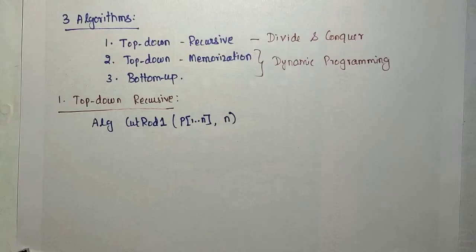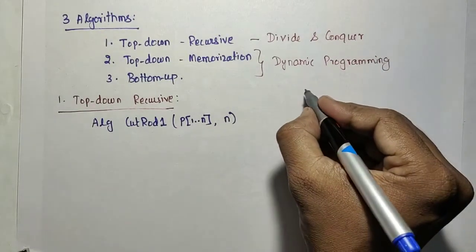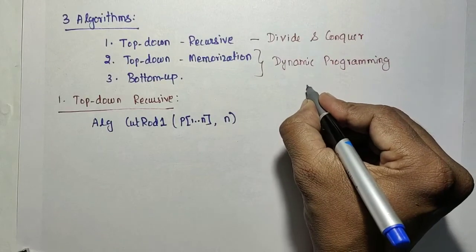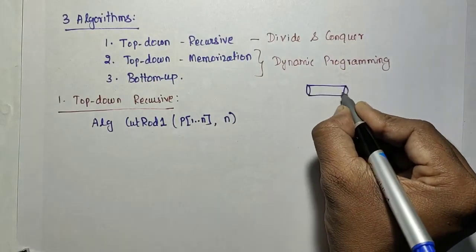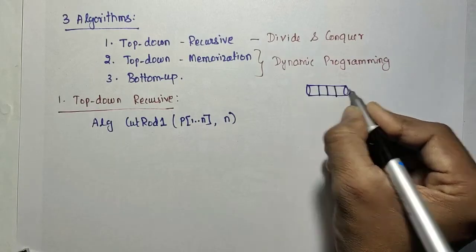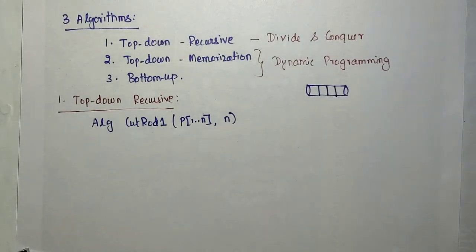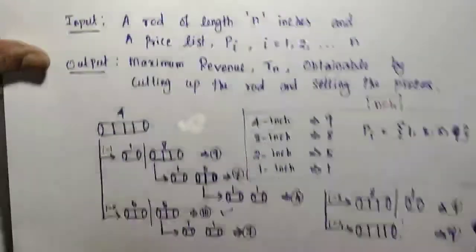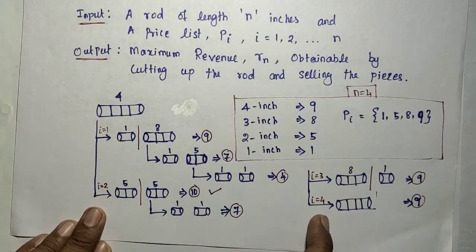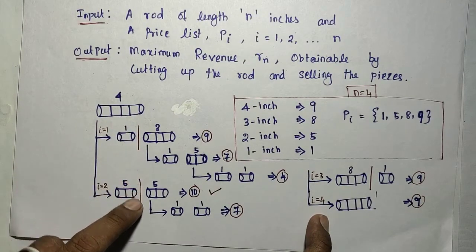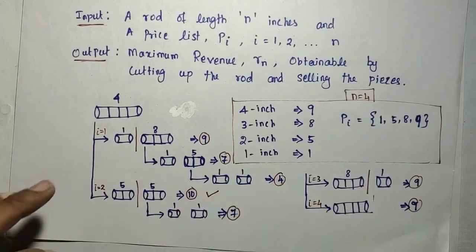Say a 4-inch rod is given like this. What we explained in the introduction: i equal to 1, 2, 3, the cut made on the first, cut made on the second, cut made on the third, like that.